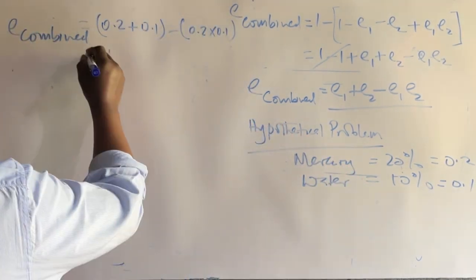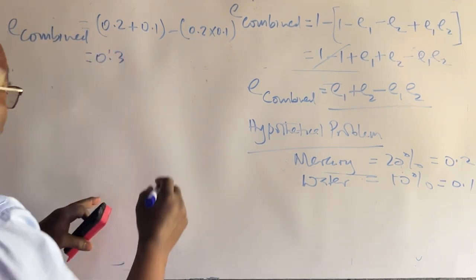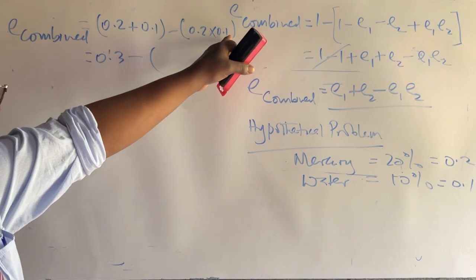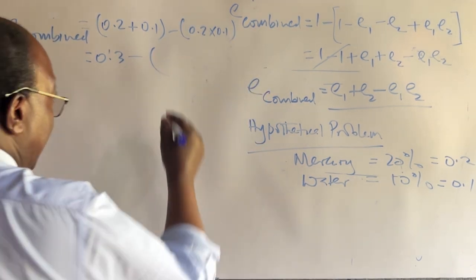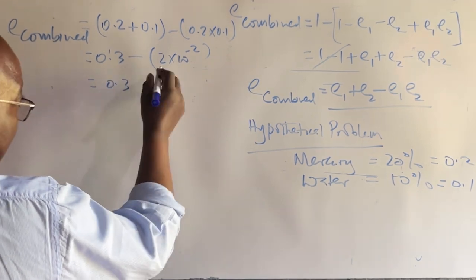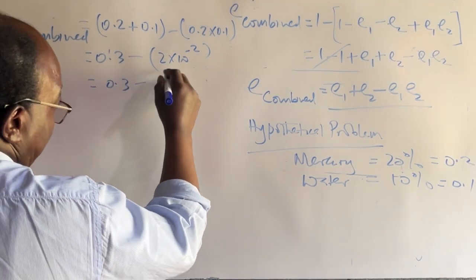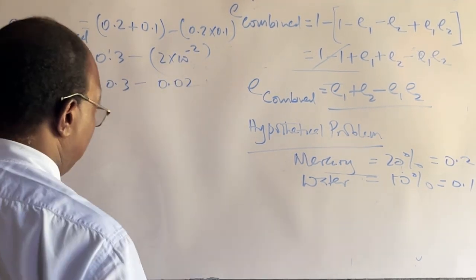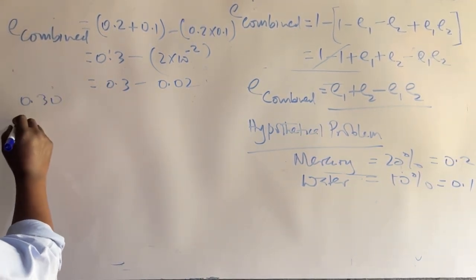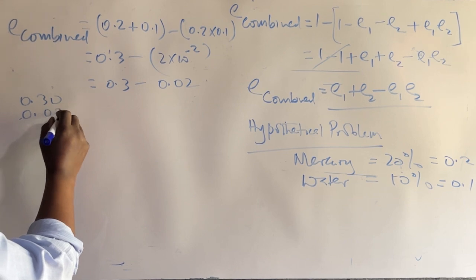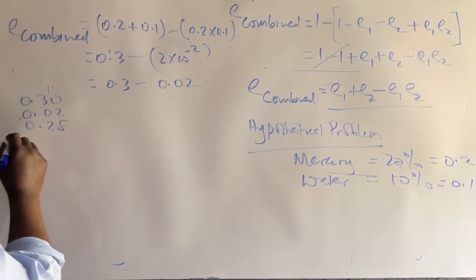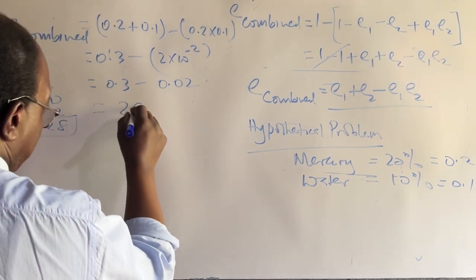And so this gives us 0.3 minus, that is 2 times 10 to the power 1 times 10 to the power minus 1, so that gives us 2 times 10 to the power minus 2, which will be 0.3 minus 0.02. So that gives us 0.28. So this gives us 28% efficiency.